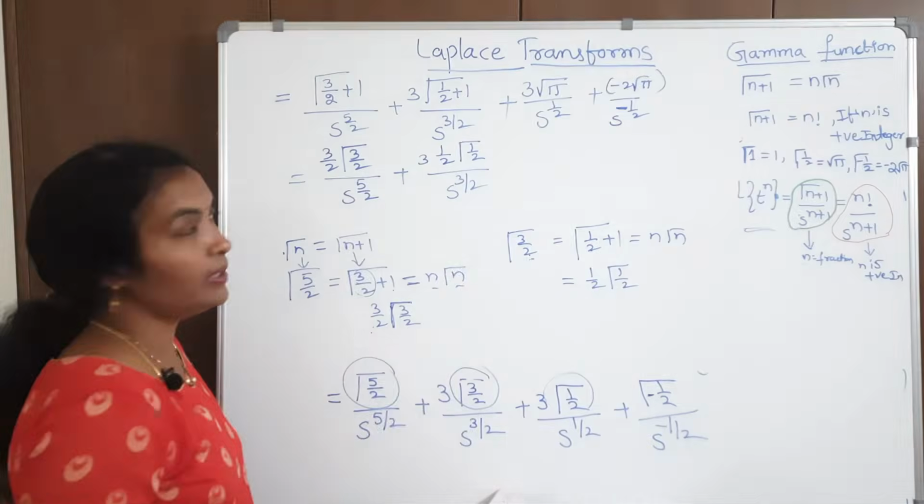Next, half plus 1, 3 into half gamma n gamma n by s power 3 by 2. Clear ma?